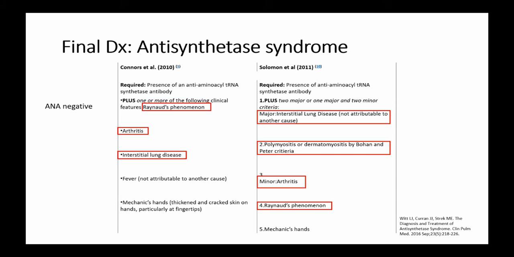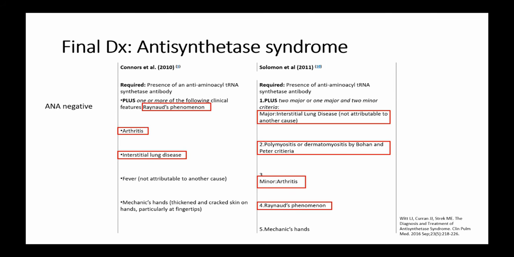But as you can see here under Connors diagnostic criteria, Raynaud's, arthritis, interstitial lung disease, patient didn't have fever, didn't have mechanic's hands, but you don't need all the criteria. And then Solomon mentions having polymyositis as well on top of interstitial lung disease or arthritis or Raynaud's. So I think my final diagnosis is anti-synthetase syndrome.